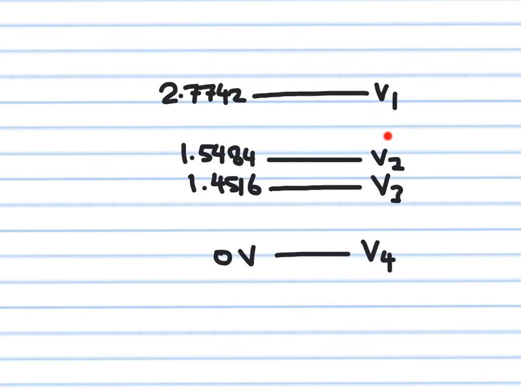V1 is higher than V4 by 2.7742 volts. So this explains the solution. The three numbers we got here are the relative voltages of these three nodes relative to ground. Okay, so now we're going to repeat the problem again, but we're going to take a different ground and see how the solution is going to change.